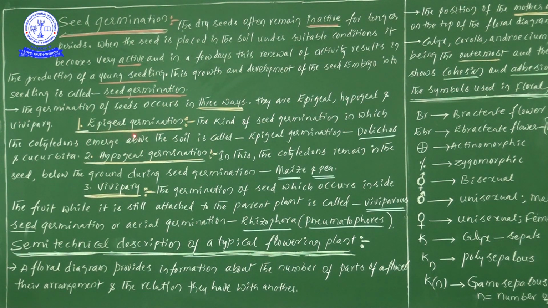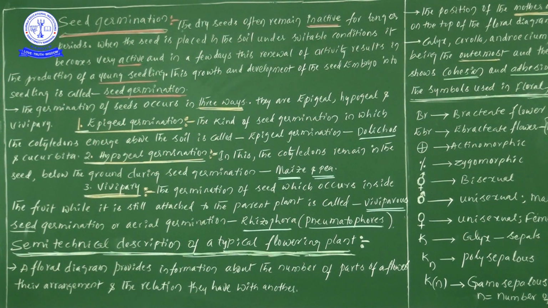Now, the epigeal point of view. Epigeal is the kind of seed germination in which the cotyledons emerge above the level of soil, and it is called epigeal germination. One more time, epi means upon. In this kind of seed germination, what is happening?